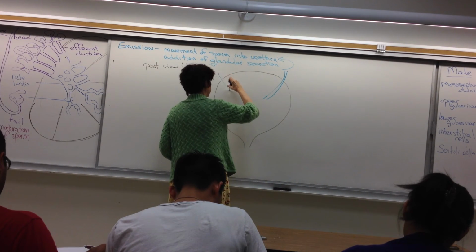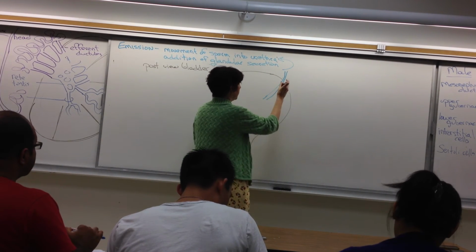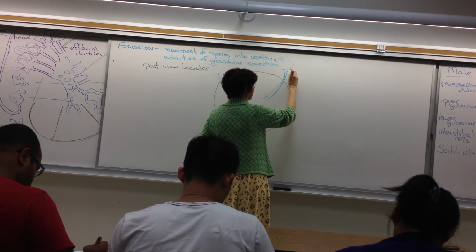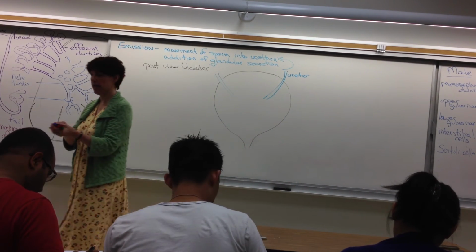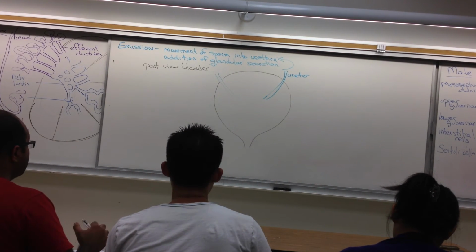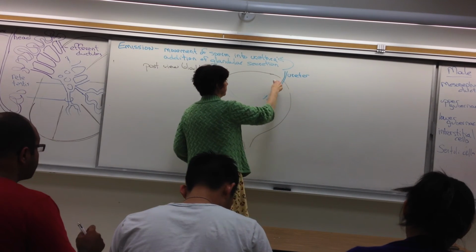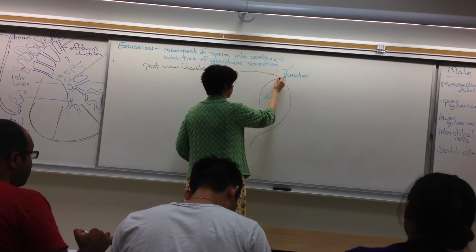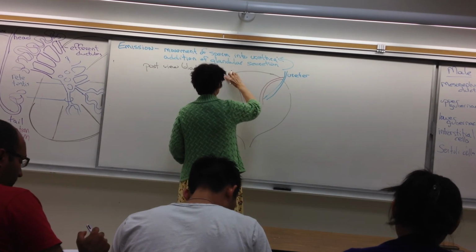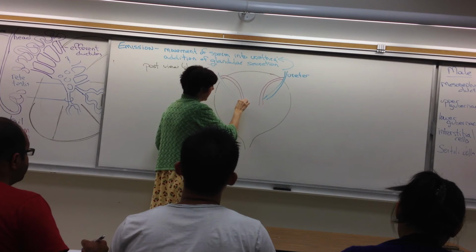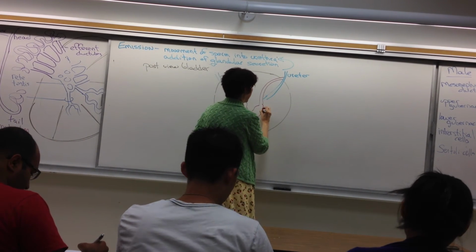So here would be the ureters, passing at an angle through the posterior wall of the bladder. And then we have the vas deferens, or ductus deferens, kind of looping over them. Then they dilate to form the ampulla.